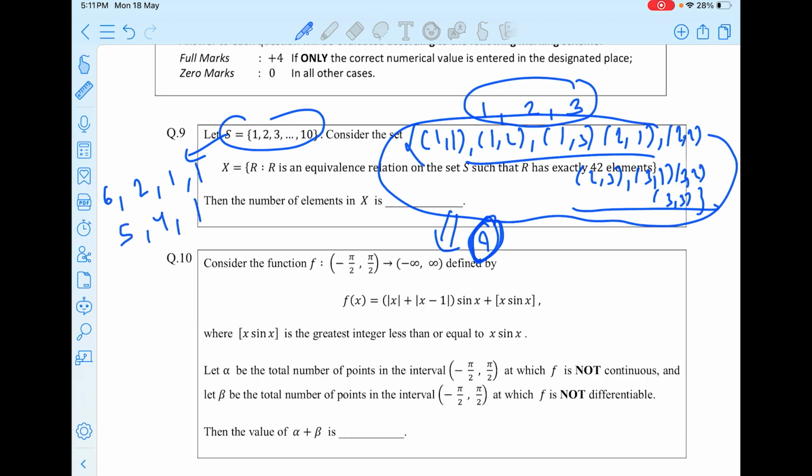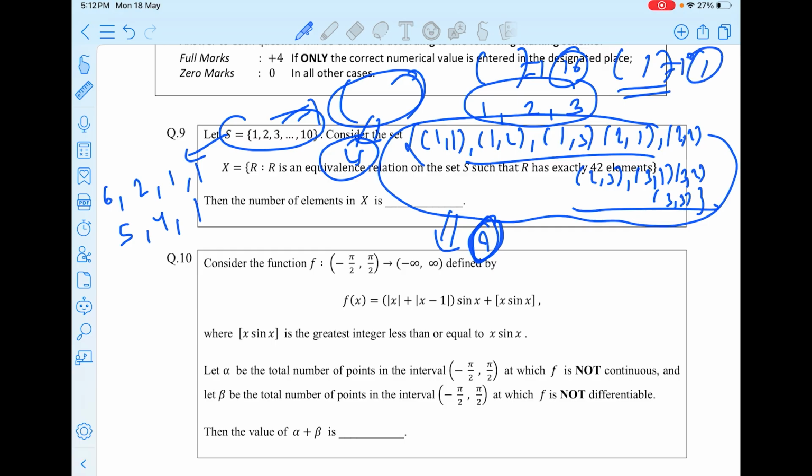What is the meaning of this? When you are dividing into 5, 4, 1, that means one set contains 5 elements, another contains 4 elements, and another contains just 1 element. Now with this, 25 elements, everything will be equivalence. Here 16 elements, all will be equivalence, and here 1, all will be equivalence. And then if you take the union, that will give you an equivalence relation containing 42 elements.